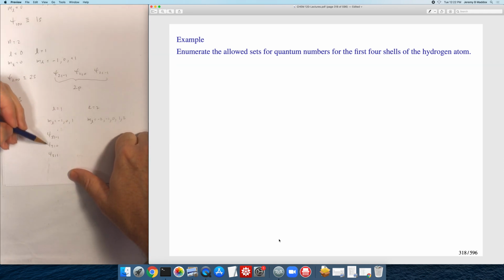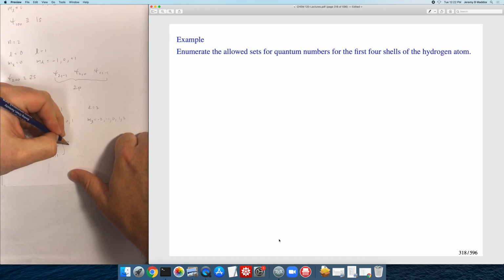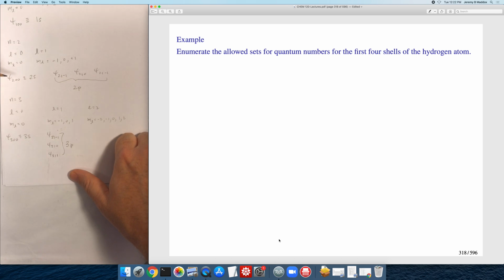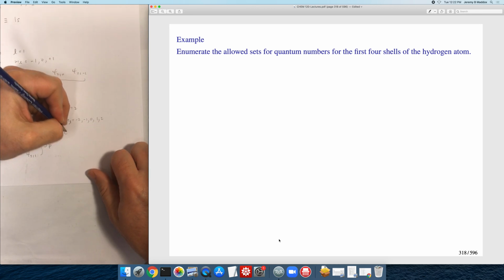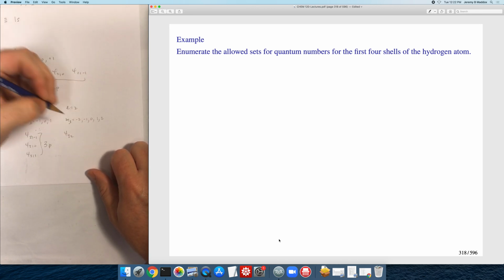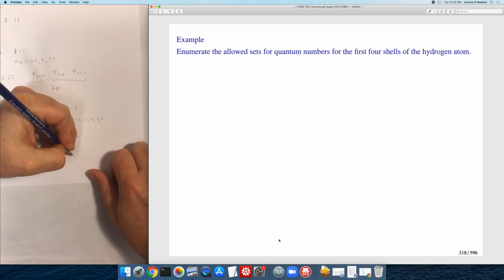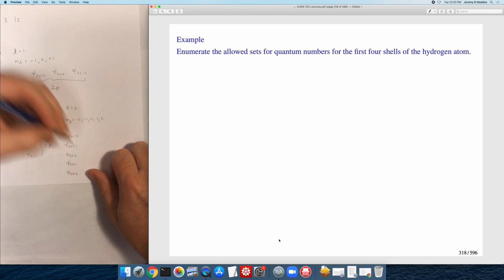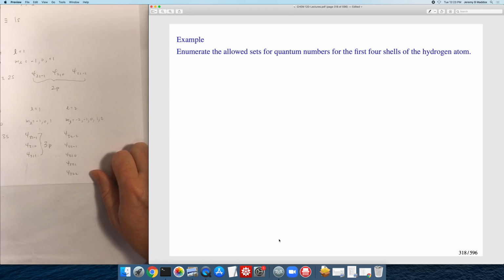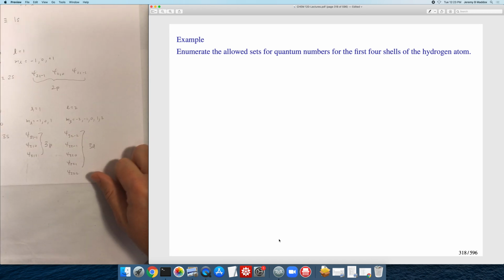So these are 3 unique atomic orbitals, and collectively they would be called the 3p orbitals. For the case where L equals 2, 3, 2, -2, 3, 2, -1, 3, 2, 0, 3, 2, 1, and 3, 2, 2. There are 5 unique atomic orbitals corresponding to this subshell, and these are referred to as the 3d orbitals. Okay?